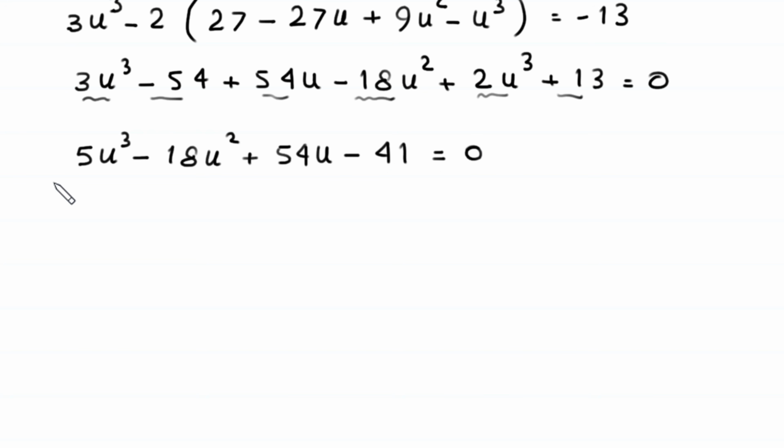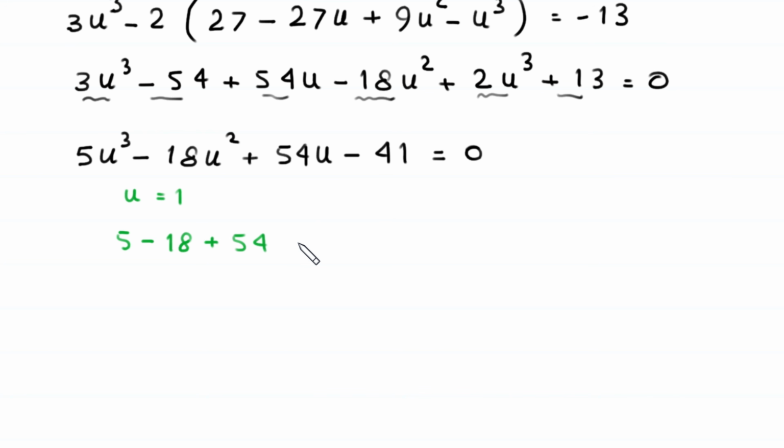Now in this cubic equation, if we check u is equal to 1, so this will become 5 times 1, 5 minus 18 times 1, 18, and 54 times 1 plus 54.